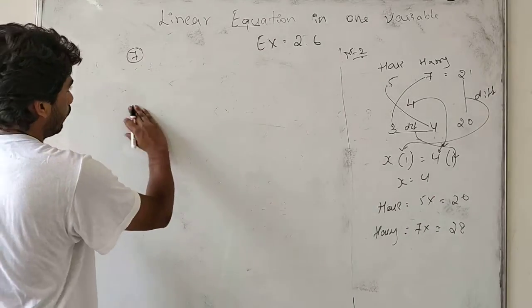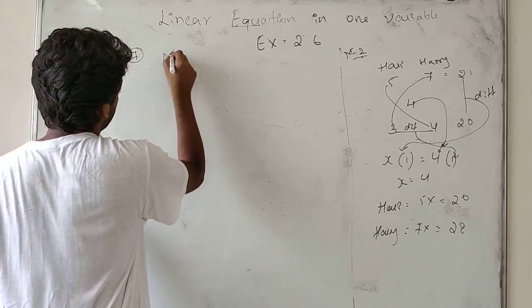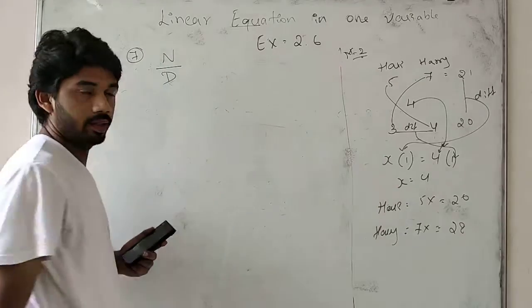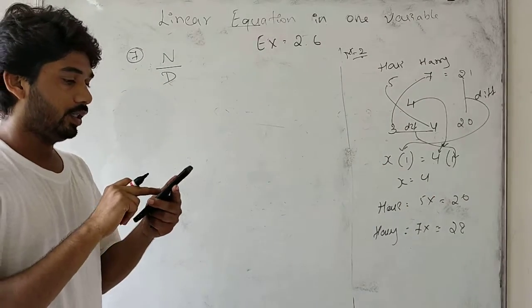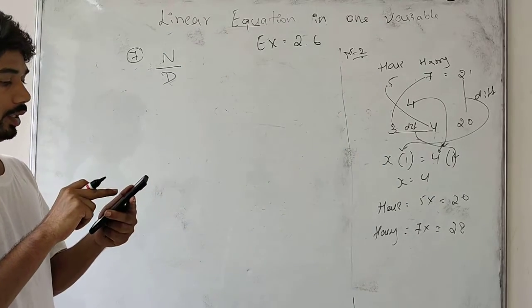So, first of all, you must know the numerator and denominator. In a rational number, the numerator is up and the denominator is down. The question says the denominator of the rational number is greater than the numerator by 8.